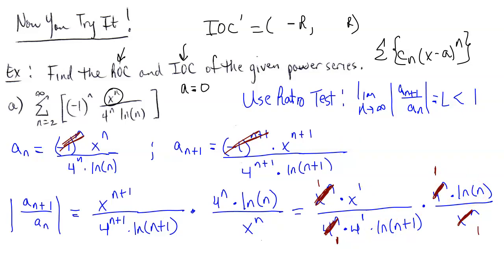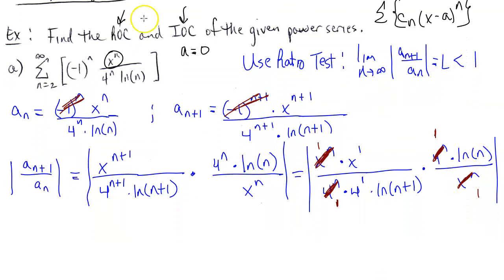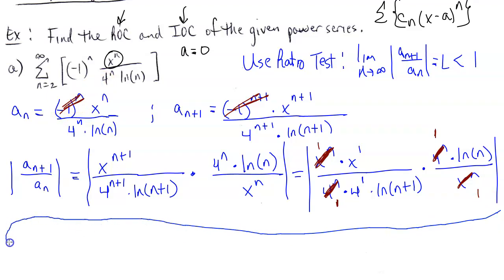And so here I'm going to go ahead and put those absolute value signs back in because this is going to be important. Just wanted to start off by stating here that the -1 raised to the n factors were going to be eliminated. So I didn't feel like writing all that.